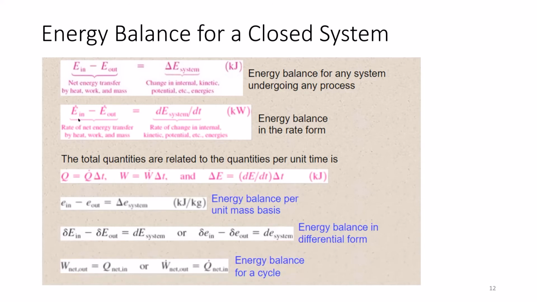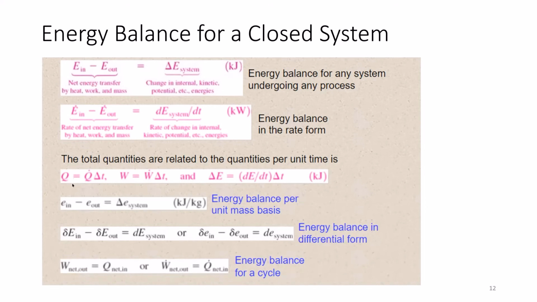For the SI system, energy is in joules, and this could be joules per second or watts, right? The rate at which energy comes in minus the rate at which energy is leaving is just the rate at which the energy is changing within the system. Okay.